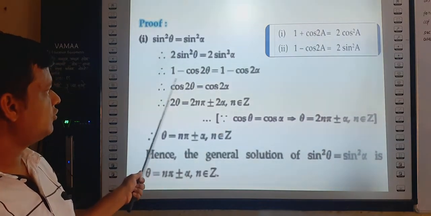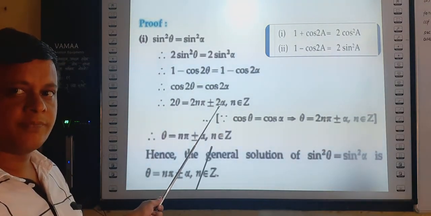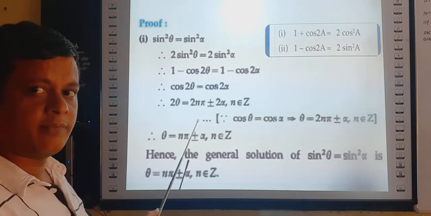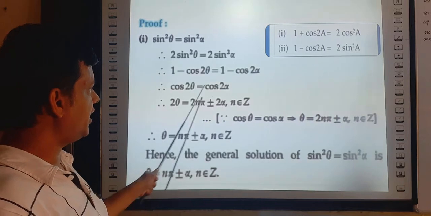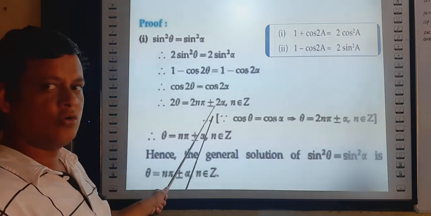We know the general solution for cos theta equals to cos alpha, that is theta equals to 2n pi plus or minus alpha. Here in place of theta we have 2 theta, and in place of alpha we have 2 alpha.